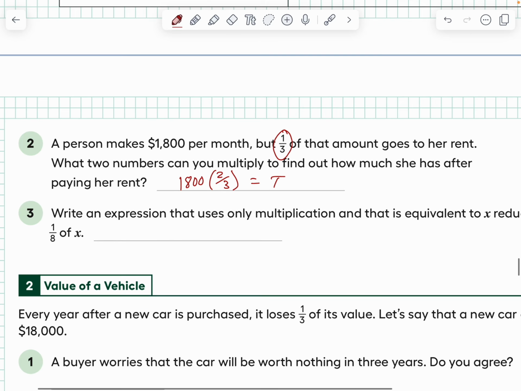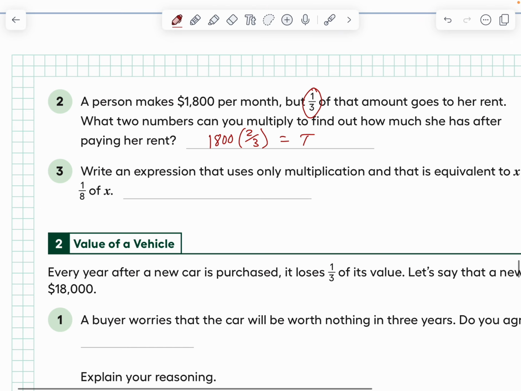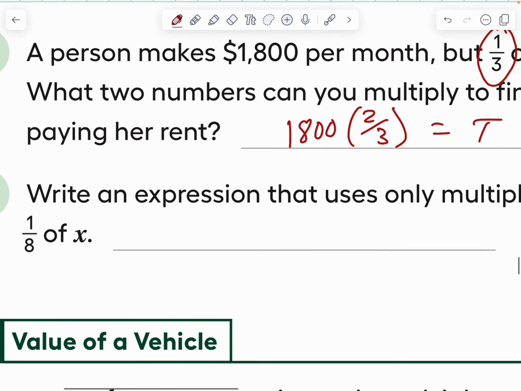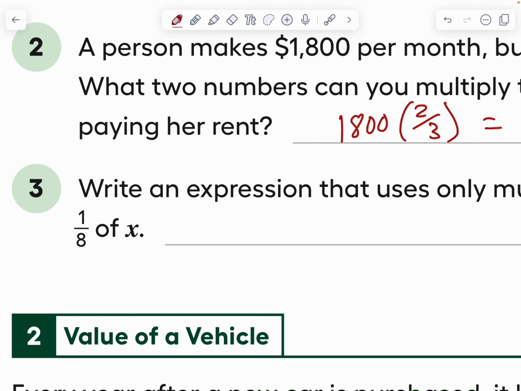Number 3, write an expression that uses only multiplication and is equivalent to x reduced by 1/8 of x. So it's the same idea, but you're going to say it's x reduced by 1/8 of x. So it'd be like times 7/8 of x.